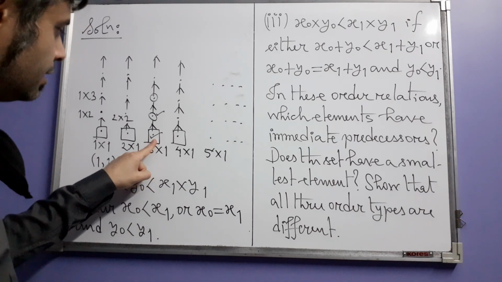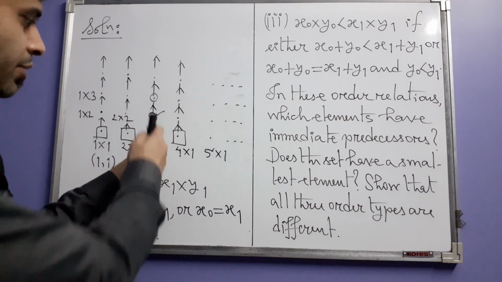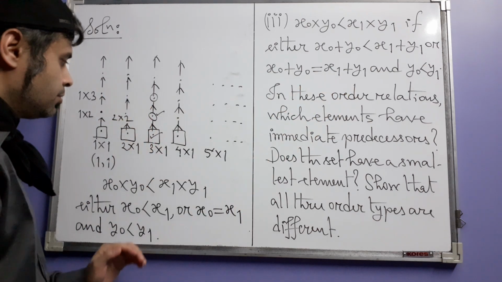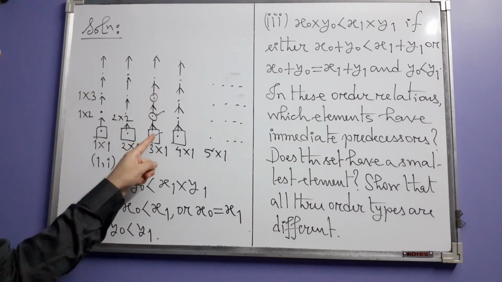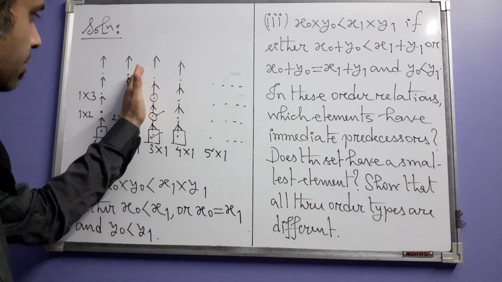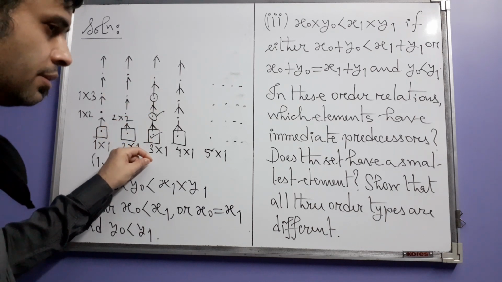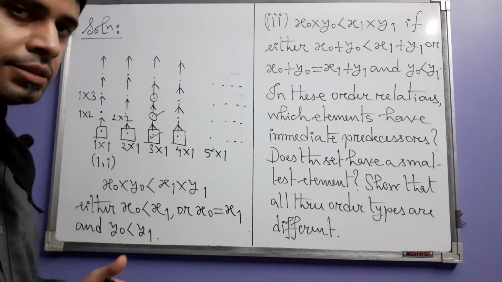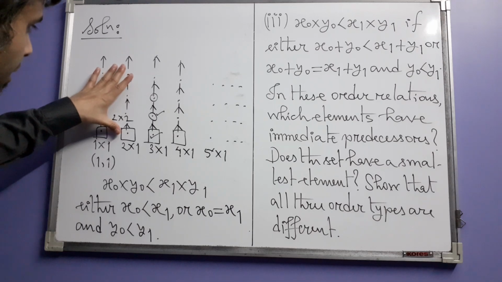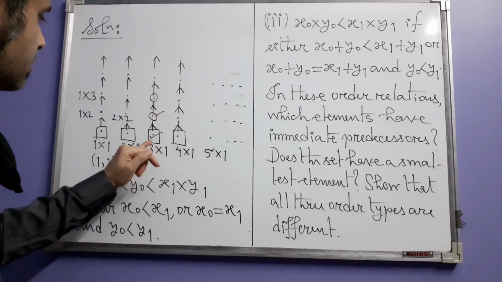Then in search of an element which is less than this, where will you look? Obviously, you won't look on that side, you will look on this side. So any element that lies to the left of this bottom element is by definition less than this. But you just want the one which is less than this and is the closest. Is there anything like that? No. All the elements that lie on this vertical line, the one next to its left, are less than this.